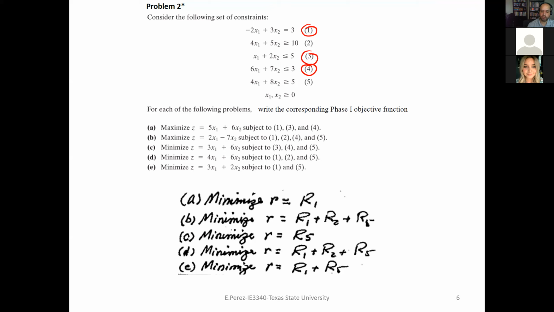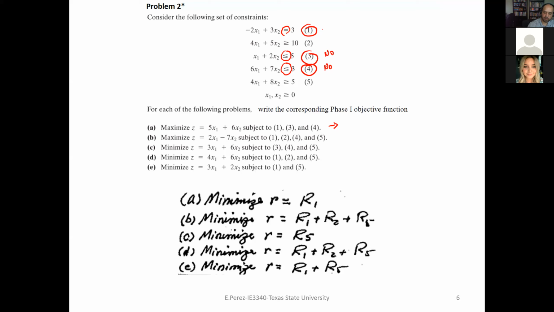So for this first part, we have an equality, we have a less than or equal to, and another less than or equal to. So we don't need artificial variables for these two constraints. We don't need them because those are less than or equal to constraints. So you can use a slack variable for both of them, and those slack variables can help you find an initial solution.